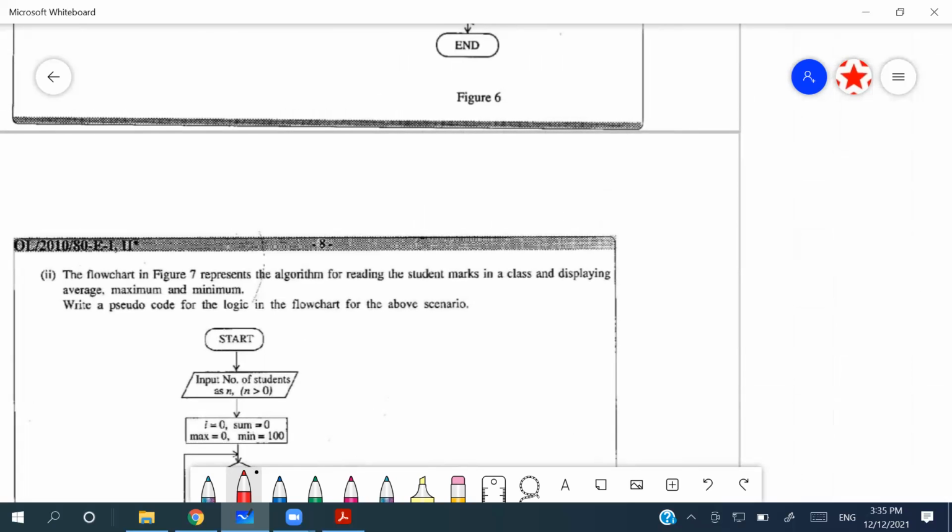So it has start, so we say begin. Then input number of students as n, right? You can write it in the very same way. Write it as it is, people.